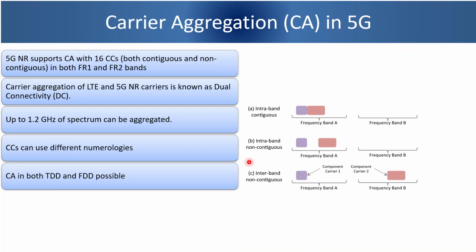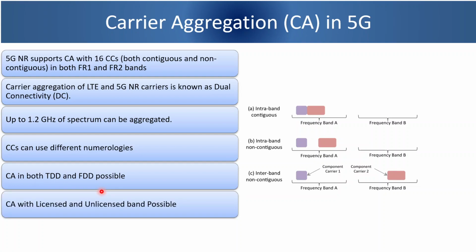There are certain bands in TDD, certain bands in FDD. So carrier aggregation will be possible in both TDD and FDD. The carrier aggregation is also possible in licensed band and also unlicensed band.